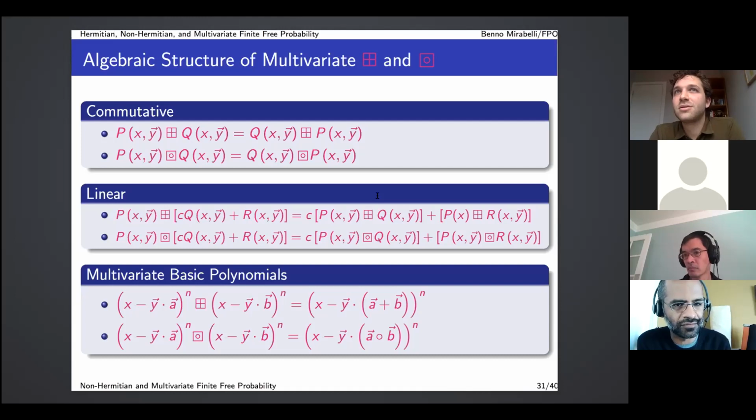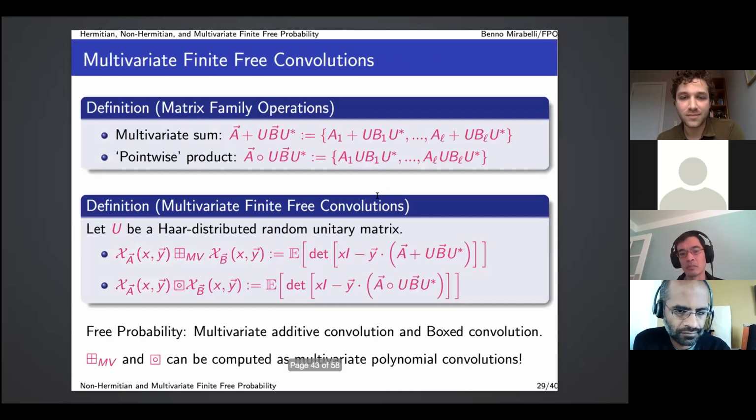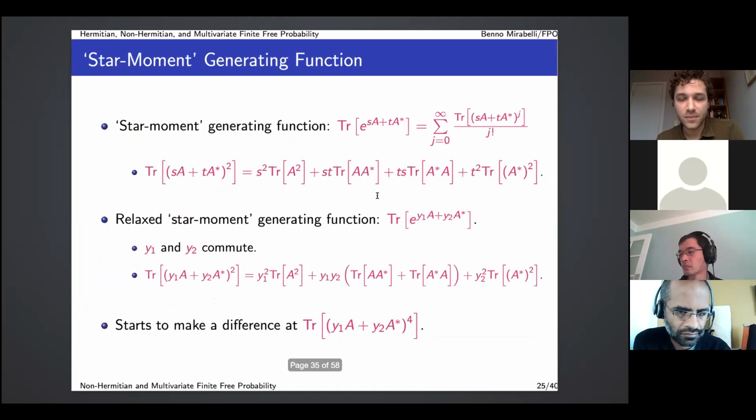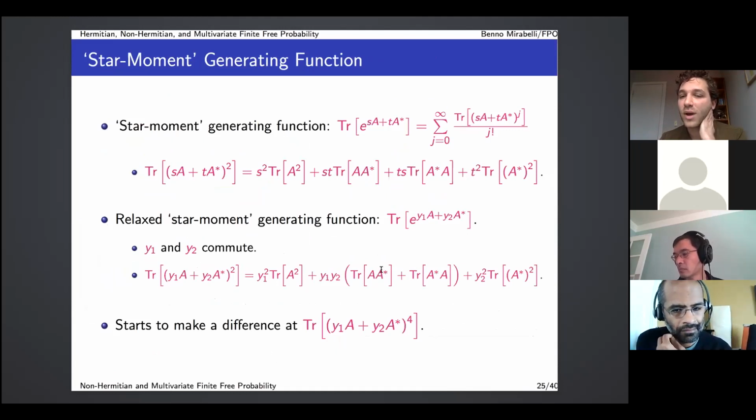So it is convergence in moments, but in a weird way, because I'm not actually computing all of the moments. I'm computing these relaxed star moments, where for these terms I sum together all of the ways in which they differ.